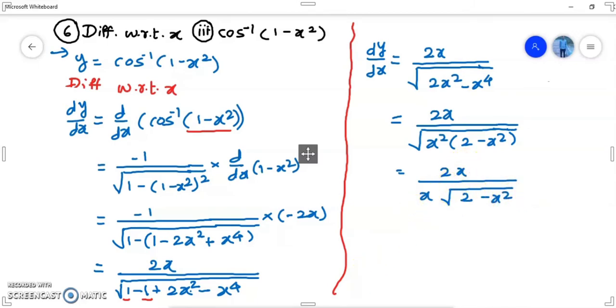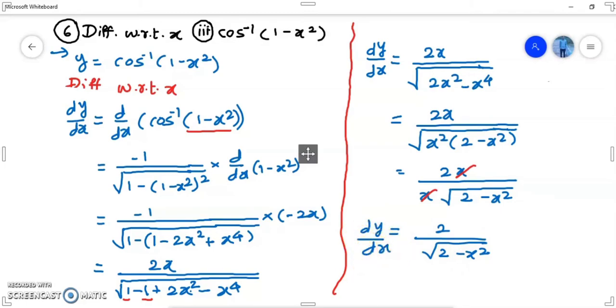This x cancels this x and you get answer equal to 2 upon whole root of 2 minus x square. This is dy by dx in the end.